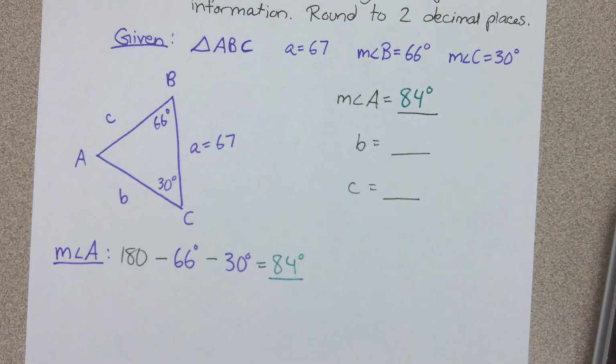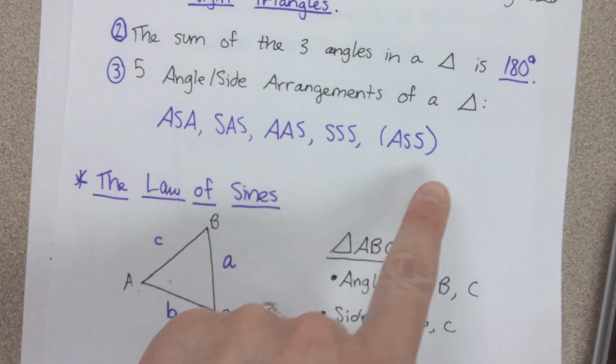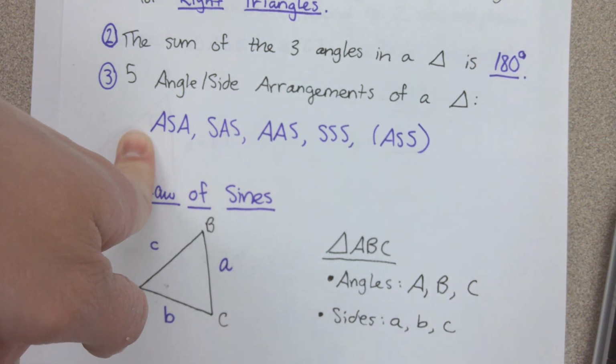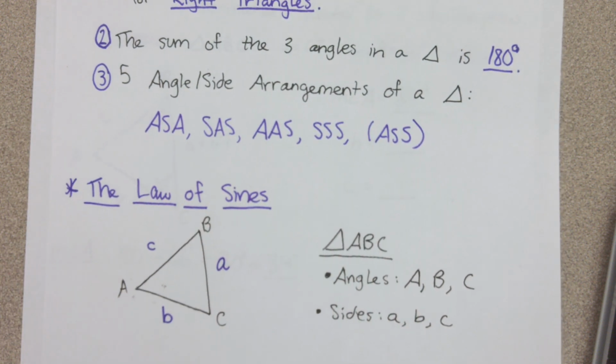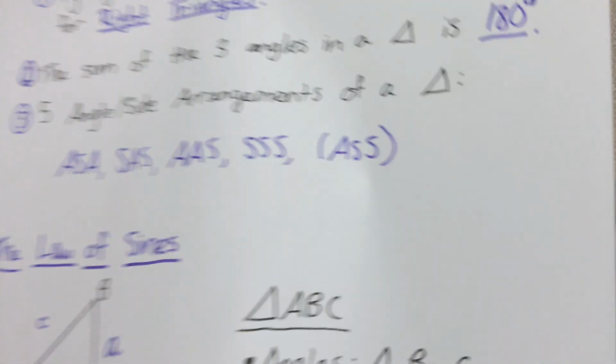And I completely forgot to mention, so before I move on to the next thing, this seems not important now, but when we get to the end of the unit and we have several problem types mixed together, doing this one little step at the beginning of the problem will be very helpful. Identifying the arrangement of the information, so identifying which of these 5 you have as your triangle, because depending on which scenario you have, it's going to affect how you can solve the problem.